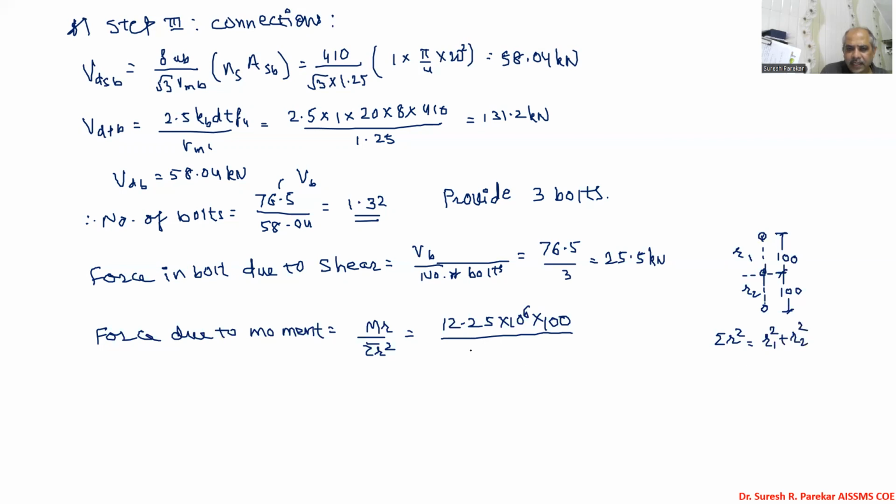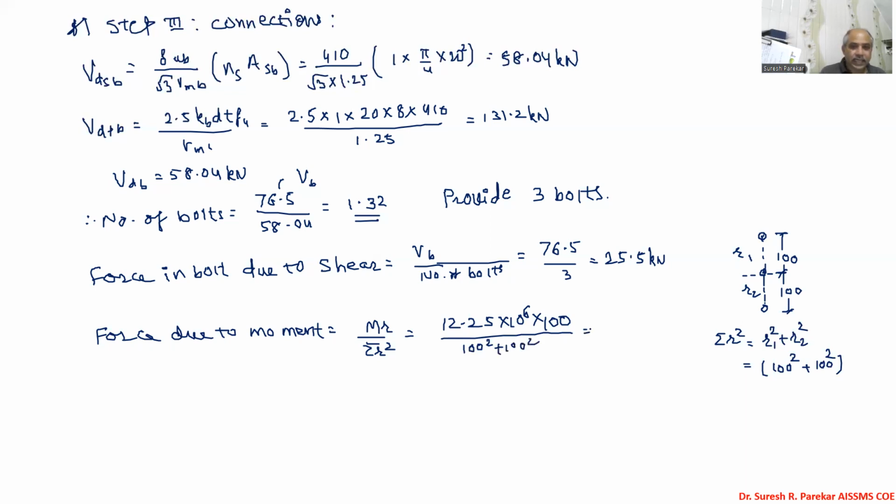We will get it as 100 square plus 100 square, which is 20,000.